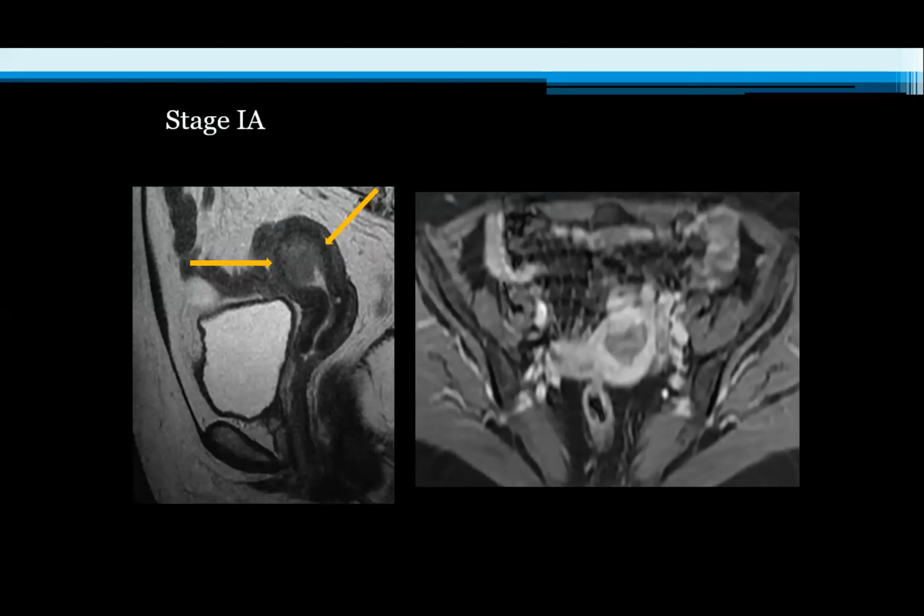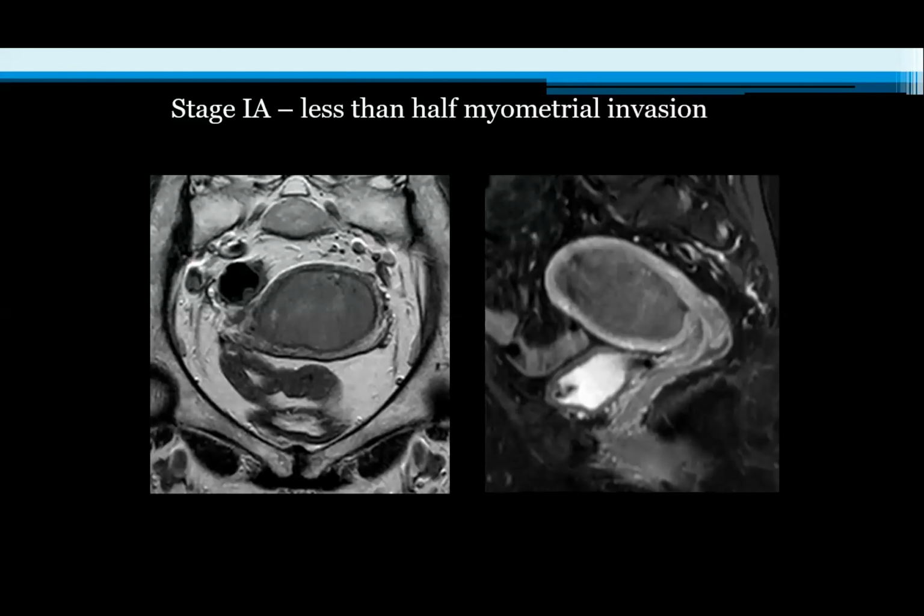And this is the post-contrast image, where we can see the tumor is heterogeneously hypoenhancing compared to the adjacent myometrium. This is another case of stage 1A, where there is less than half myometrial invasion.